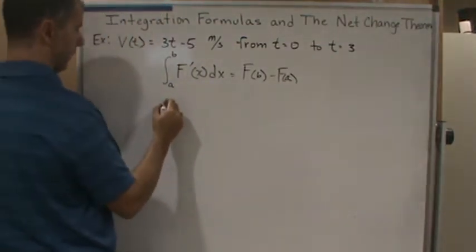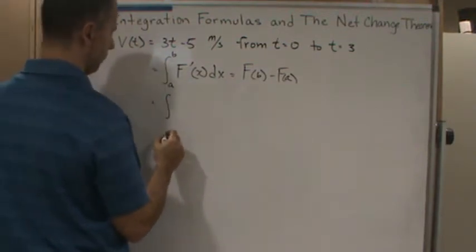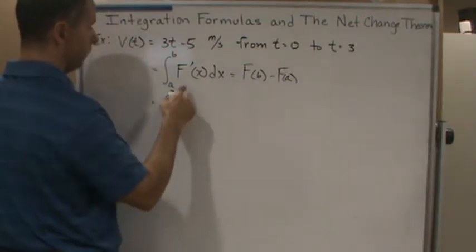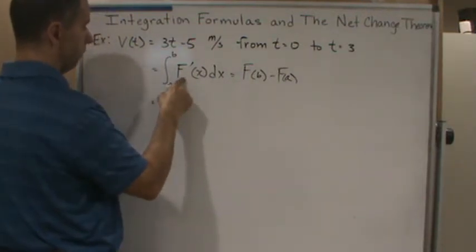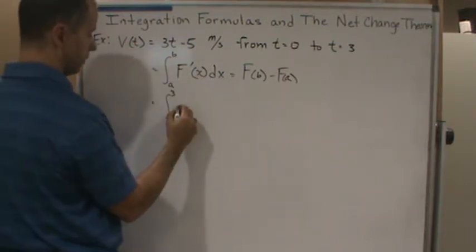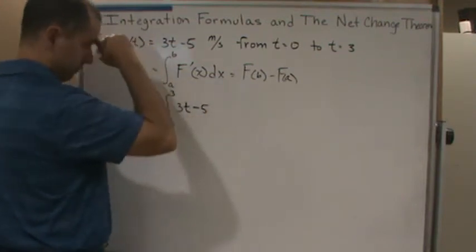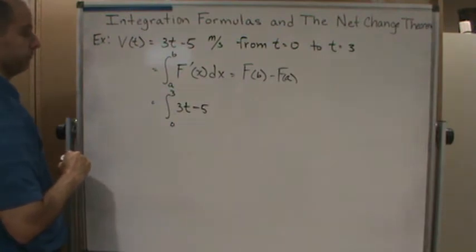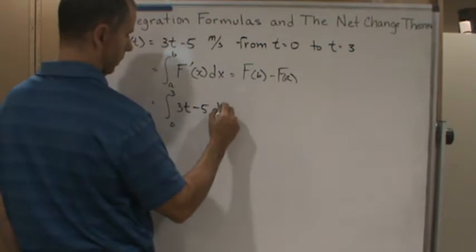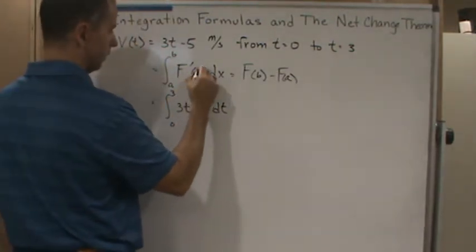So that's going to be equal to the integral from 0 to 3 of the derivative of the integral function. That's going to be the velocity function, right? So this is going to be 3t minus 5 dt. In this case, let's change these to t.